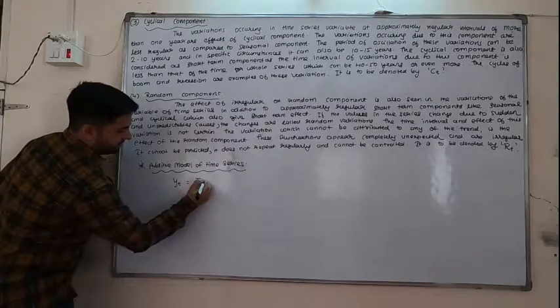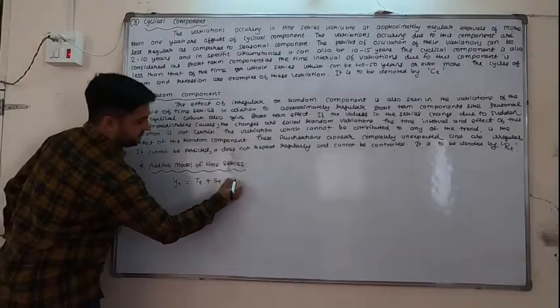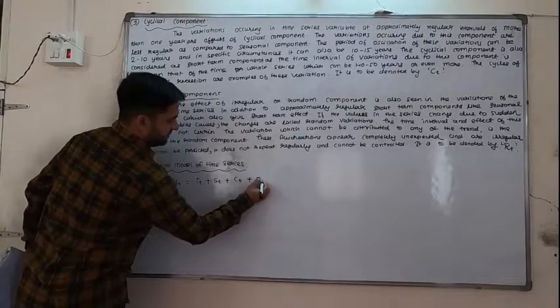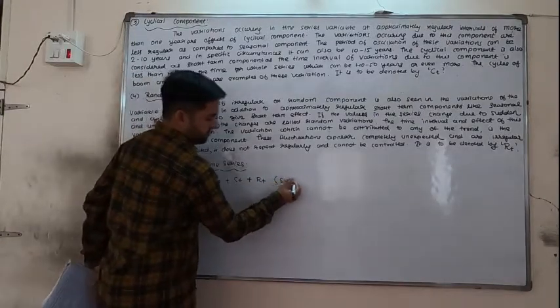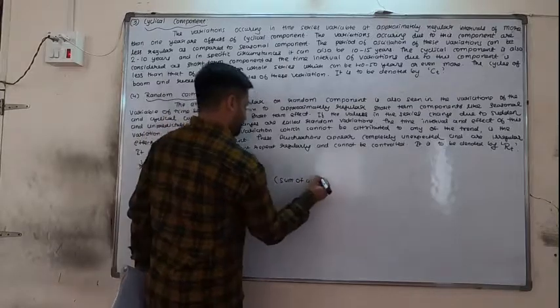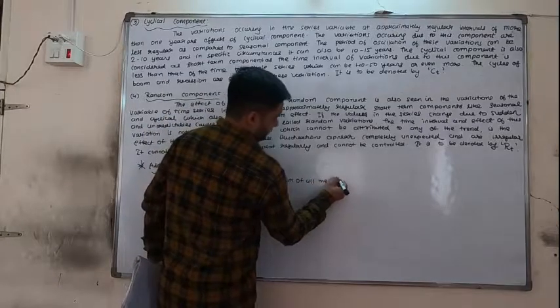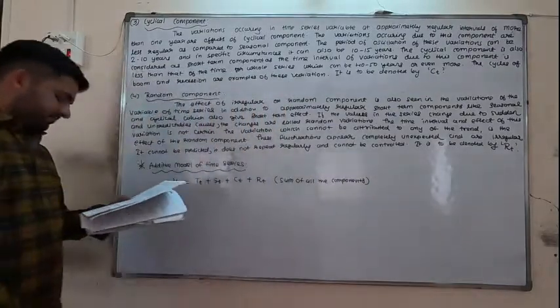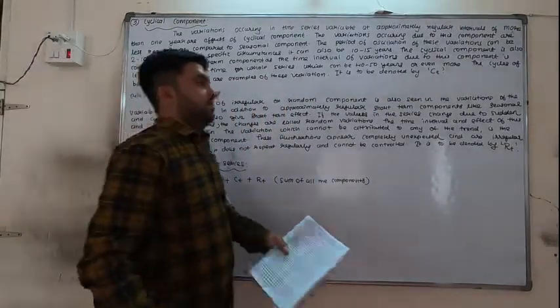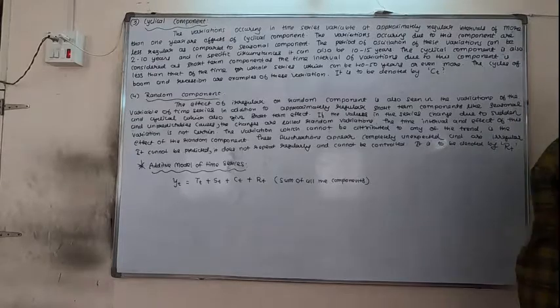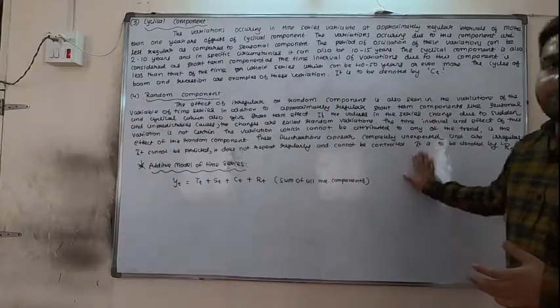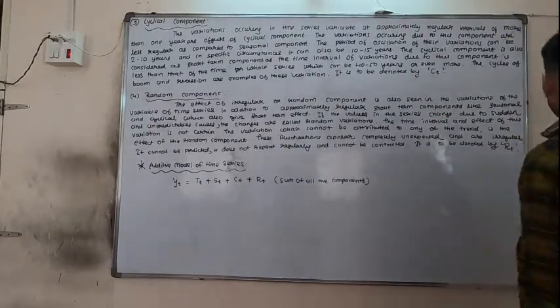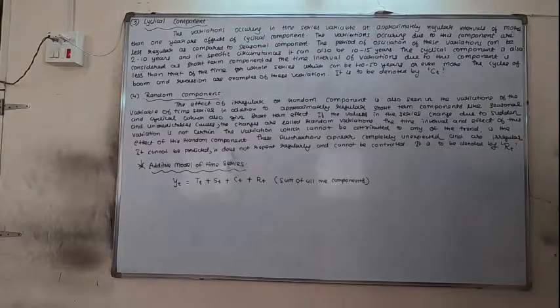Yt is equal to Pt plus St plus Ct plus Rt, the sum of all the components. So friends, these were the 4 components and this is the additive model. Next is the topic.